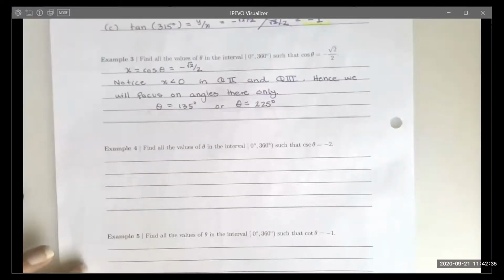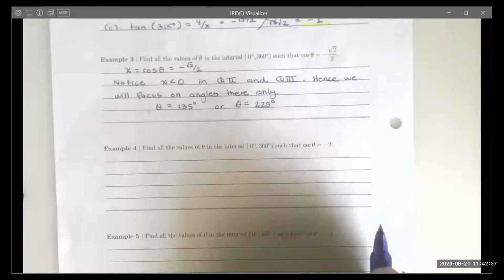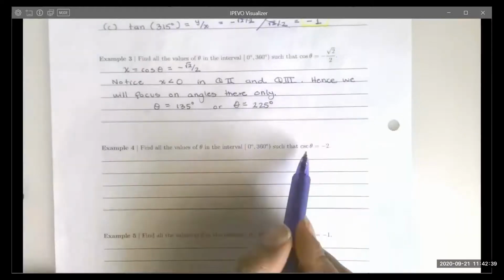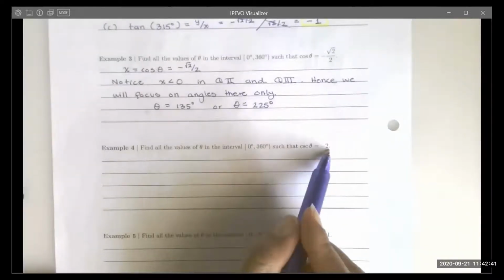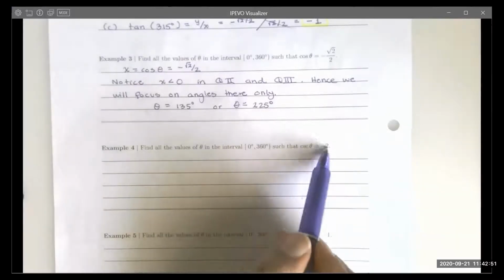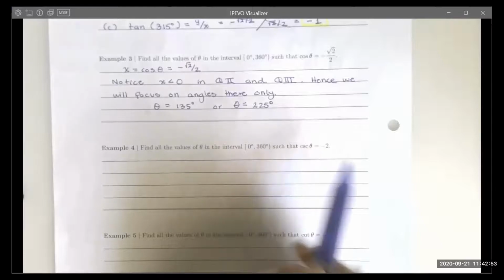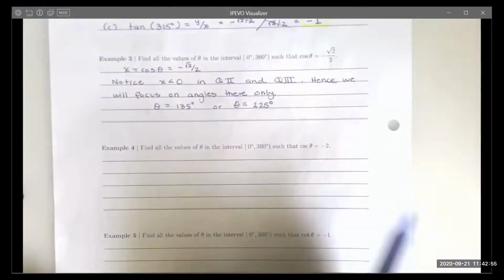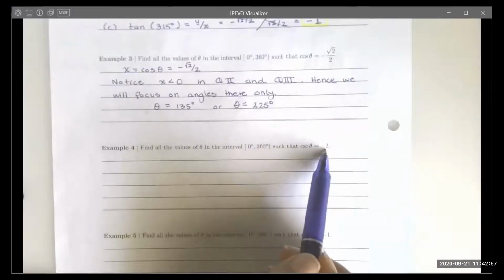Find all the values of theta in the interval 0 to 360 such that cosecant theta is negative 2. Okay, so again, we don't have cosecant explicitly as part of the coordinates. We only have cosine and sine, which means that we have to change this into something that is part of the coordinates. Cosecant is a reciprocal of sine.